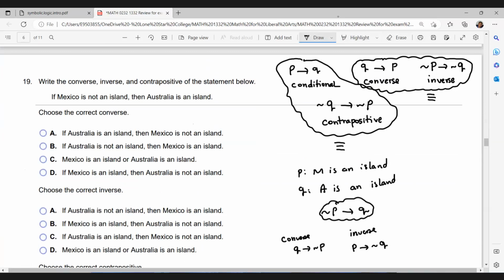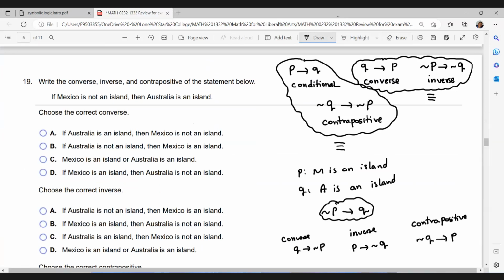So negation and negation turns into non-negation. And the contrapositive will be swapping the order and negating. So if not Q, then P.